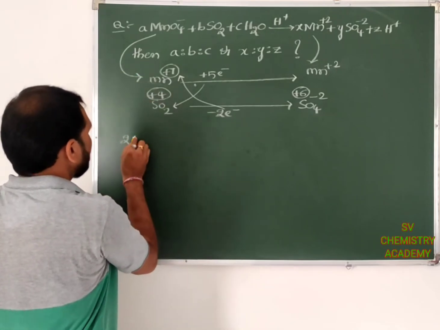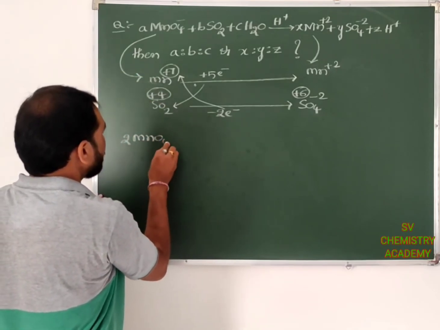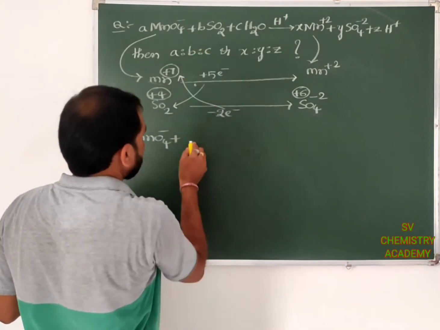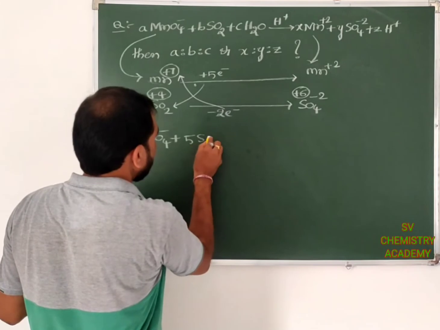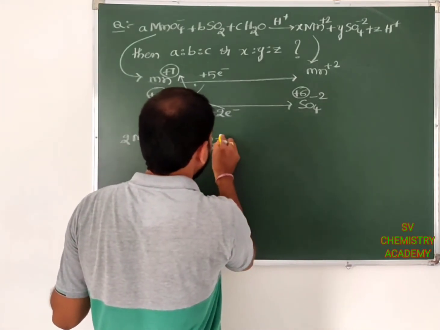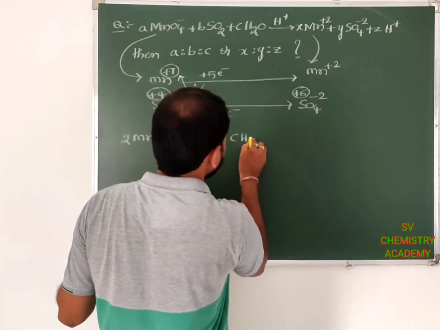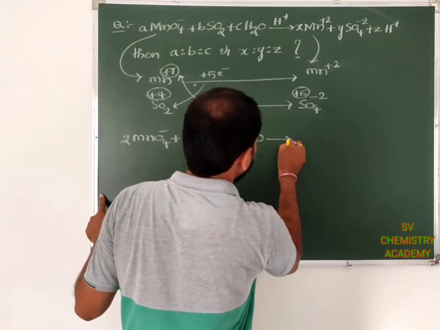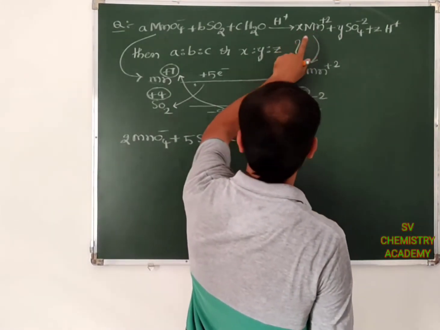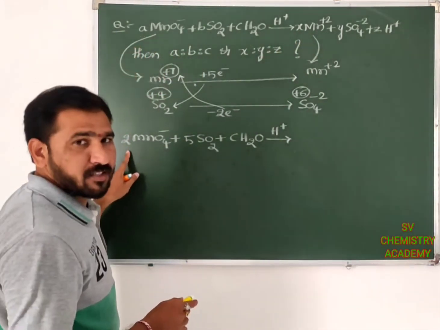like 2 MnO4 minus plus this B 5 SO2. Okay, then here plus C moles of H2O, as usual you can write, beta, gives rise in acidic medium. Then here X, how many moles of manganese are there on the left side?